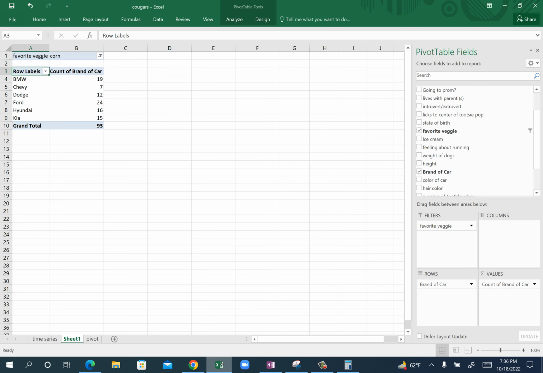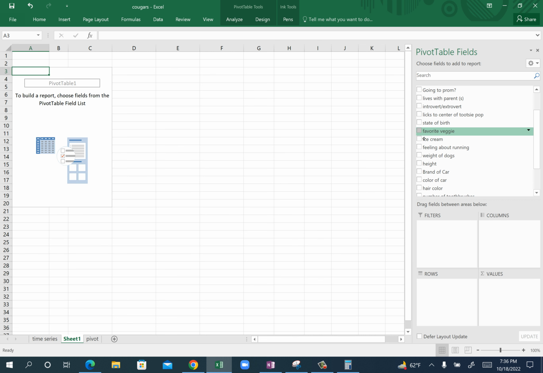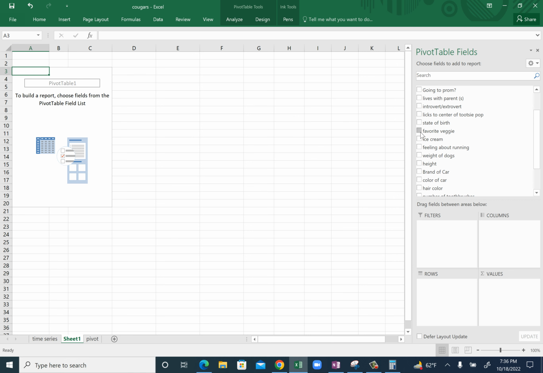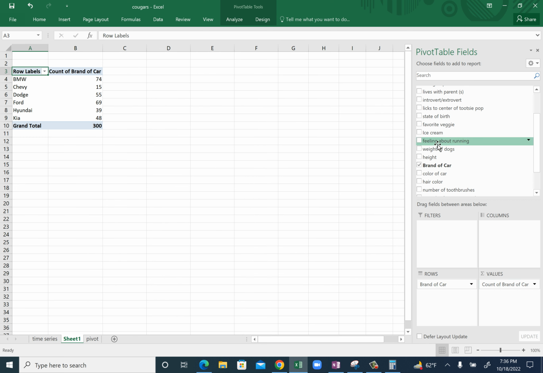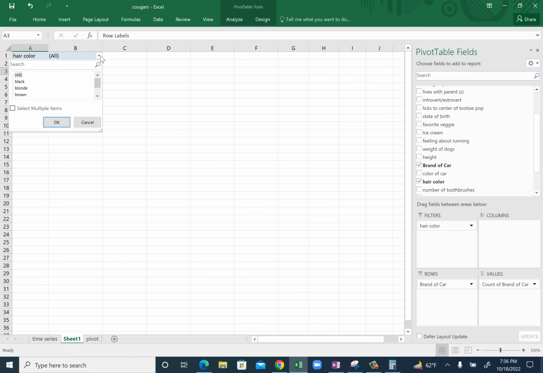So if you're doing this, I'm going to filter by hair color because that's who I'm interested in, and what they drive. But I'm only interested in that for certain kinds of people. So Chevy, and then hair color. Right now it's everybody. Let's just get the blondes and the redheads.